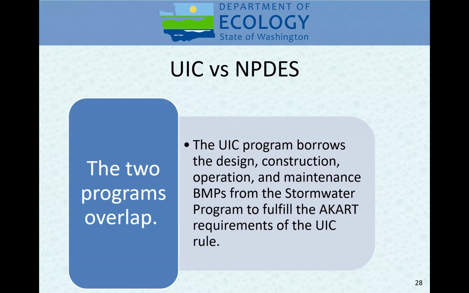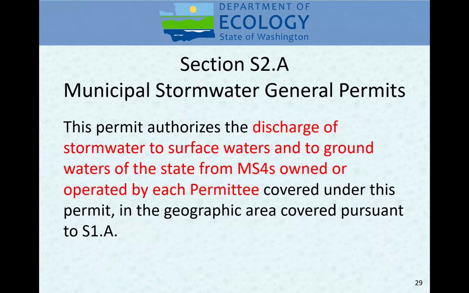Now going back to the permit, section S2A of the Municipal Stormwater General Permits, both Phase 1 and Phase 2 by the way, has this language. This permit authorizes the discharge of stormwater to surface waters and to groundwaters of the state from MS4s owned or operated by each permittee.